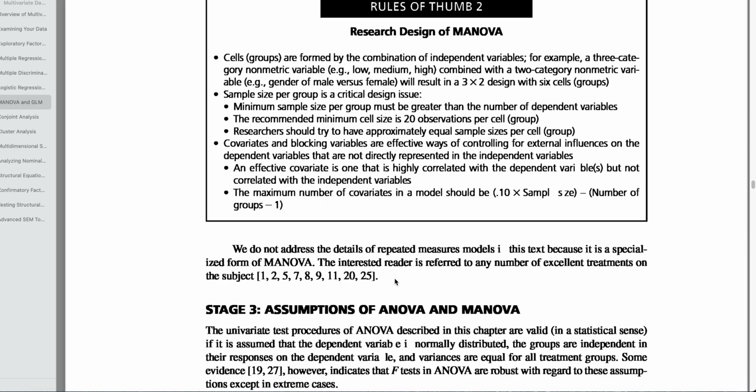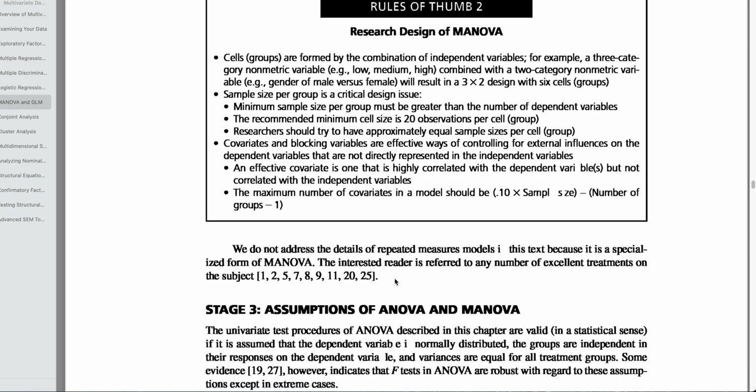Sample size per group is a critical design issue. Minimum sample size per group must be greater than the number of dependent variables. The recommended minimum cell size is 20 observations per cell. Researchers should try to have approximately equal sample sizes per cell.